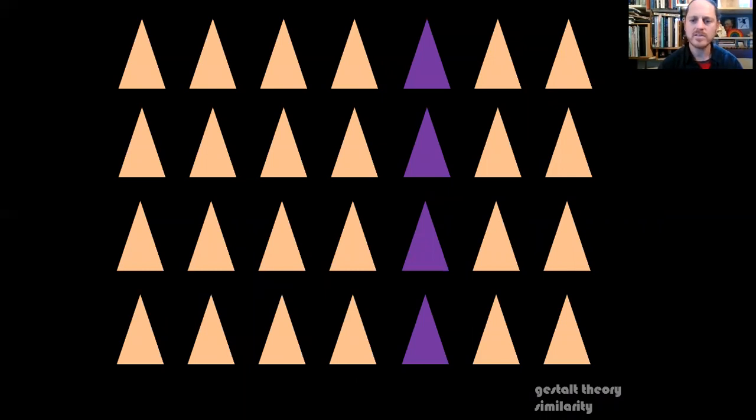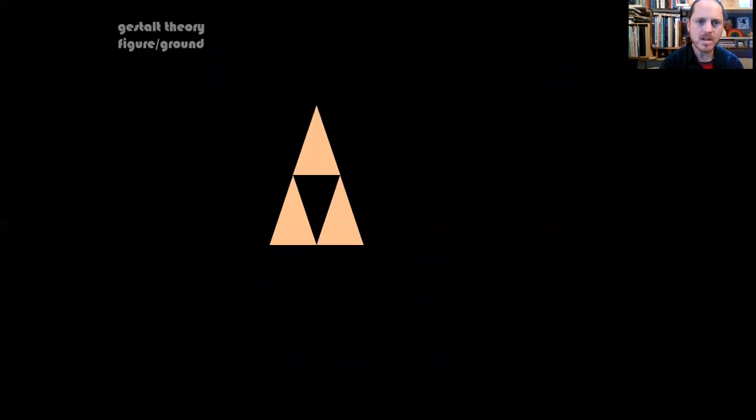And then the idea of similarity, I chose to do this one with color, so that we distinguish that band of the ones that have been turned purple. Those are going to distinguish themselves from all of the other forms in the picture, because they have a similar element that sets them apart. And then, of course, figure and ground is that idea of positive and negative space.